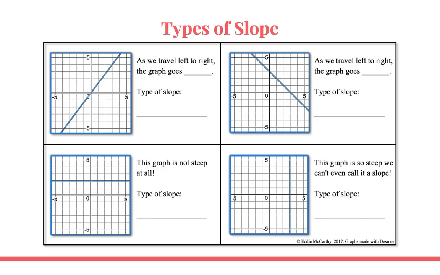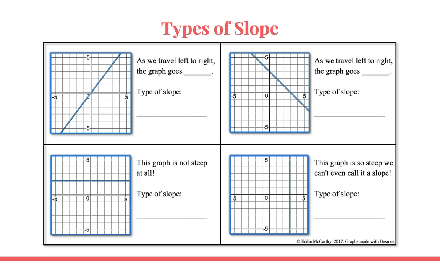Okay, there are 4 types of slope a graph can have. The first one on the top left here says as we travel left to right, the graph is going to be going up. So if I start on the left-hand side of my graph, my line is moving up and to the right.